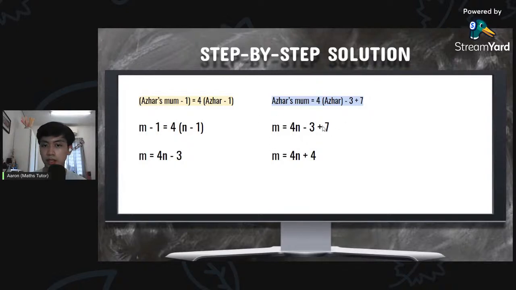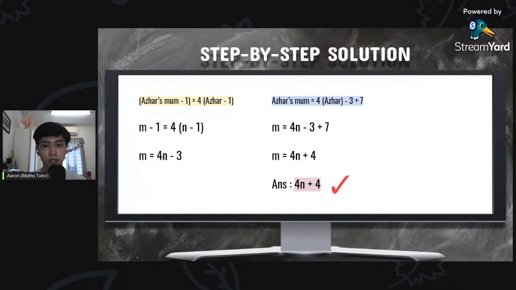So we just need to add a 7 here, then we can get the answer for m because they are equal, mereka yang sama. m dengan 4n plus 4 is the same thing. So jawapannya 4n plus 4. So this is how you calculate the age of Azhar's mom 7 years later.